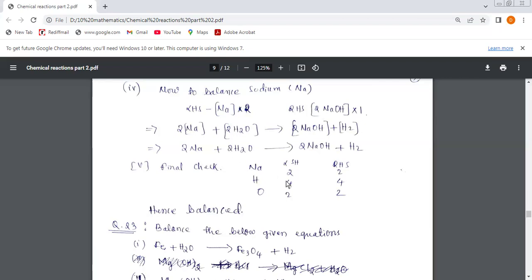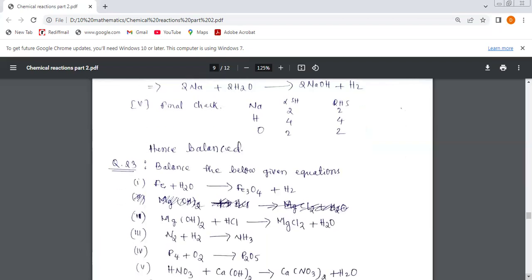Hydrogen atoms 2 into 2 is 4, and here 2 plus 2, 4. Next oxygen, here 2 are there, and here also 2. So in this way, all atoms have an equal number on the LHS and RHS, or on the reactant side and product side. Hence, the equation is balanced.